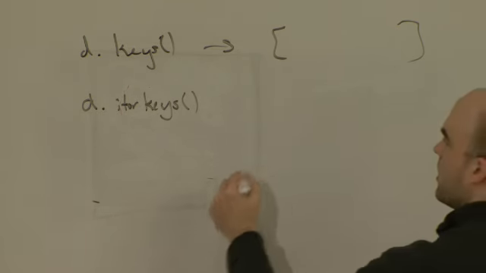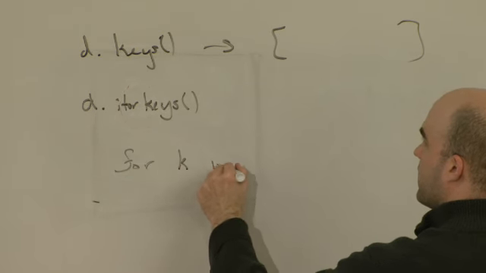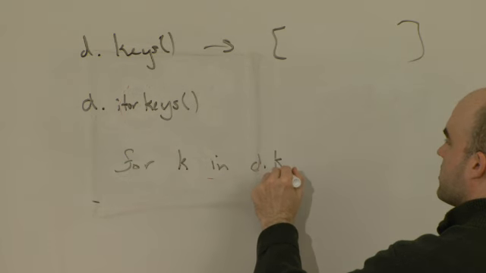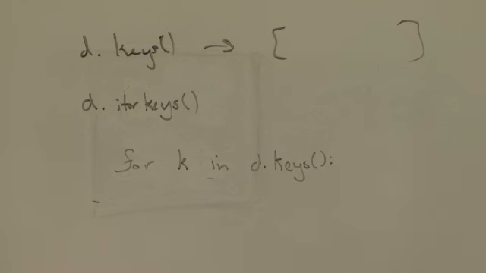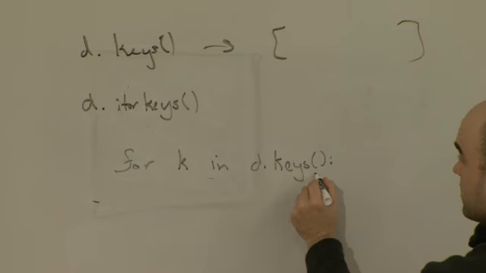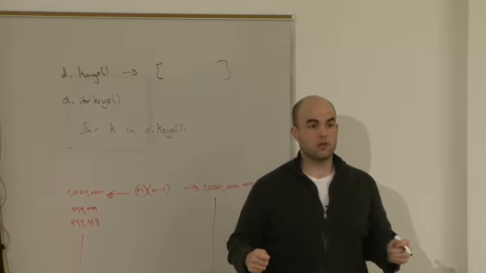So a lot of times in your code you will use something like for k in d.keys to iterate through all the keys in the dictionary. What this method does, though, is create an actual copy of that list of keys. When you call d.keys, if you have a lot of keys in your dictionary, it's going to go one by one through each of those keys, add it to a list, and then return it to you.